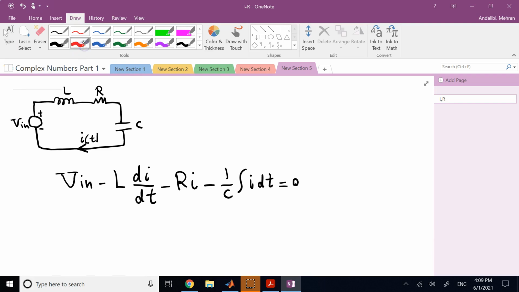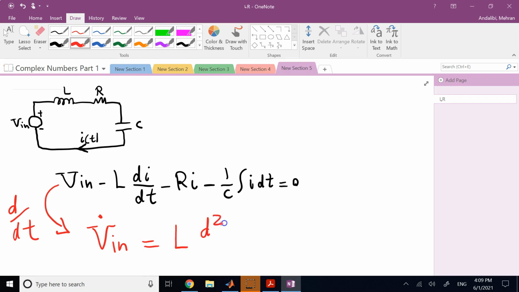Okay, so this is your governing equation. And here, what you can do, you can take a time derivative from this. And it is going to be V dot of n, whatever it is, equal to what?